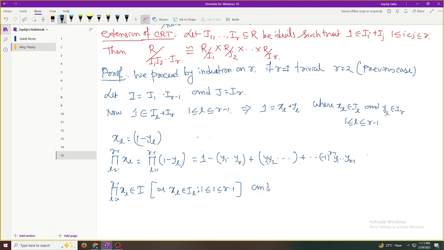And 1 minus the sum of Y terms belongs to IR, that is j, and so on. This implies 1 belongs to I plus j. This part belongs to I, and this remaining part belongs to j.